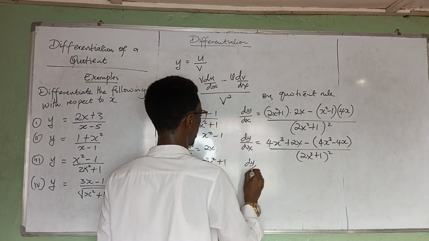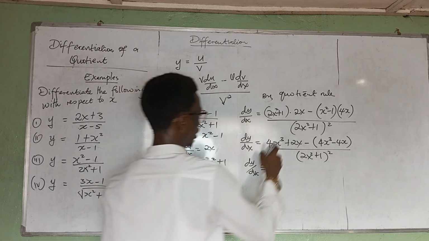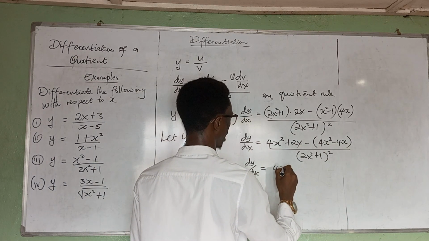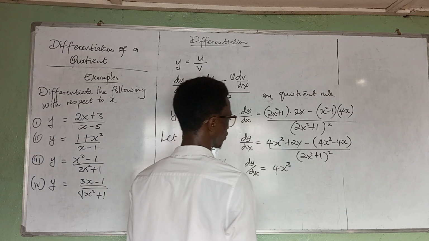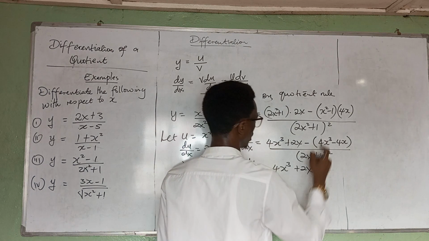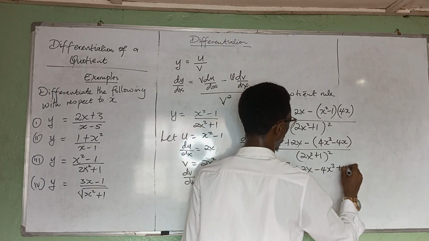So dy by dx equals, now you put the sign inside, so this becomes 4x cubed plus 2x, this again becomes minus 4x cubed plus 4x.